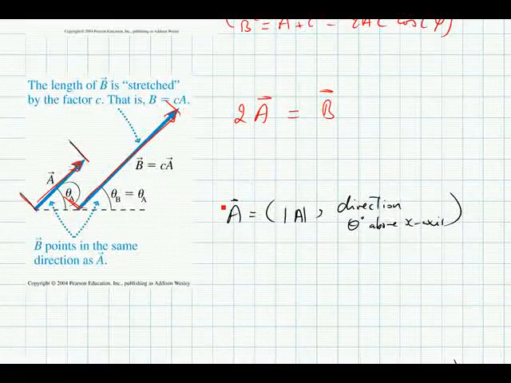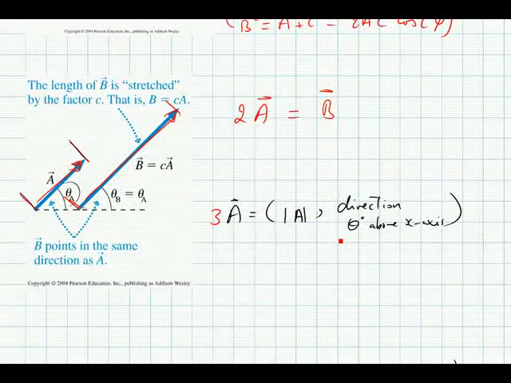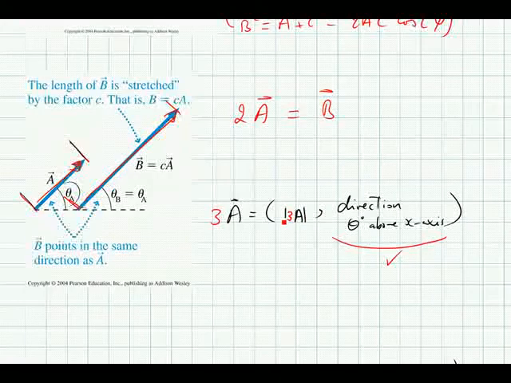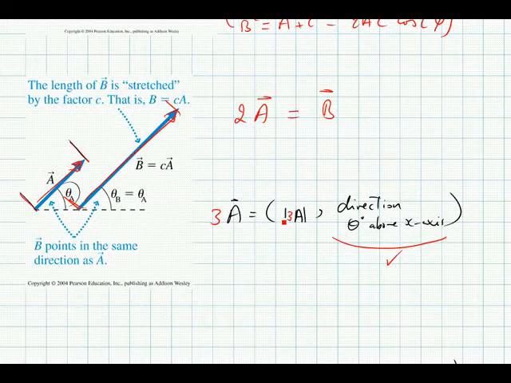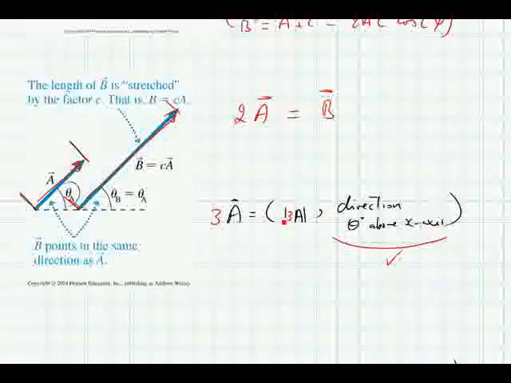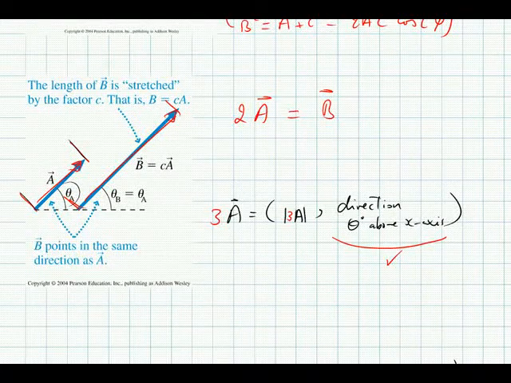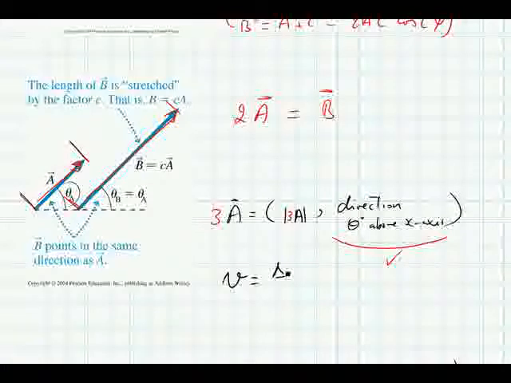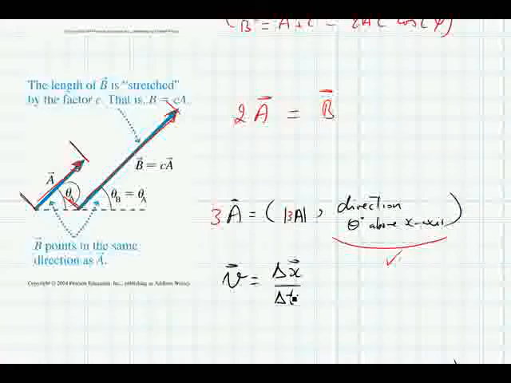So if I were to multiply my vector a by 3, then the direction of a remains the same, however its magnitude increases by whatever multiple that we have. It's important to remember this because, as we saw in the earlier chapters, for example, velocity was change in position divided by the time interval.